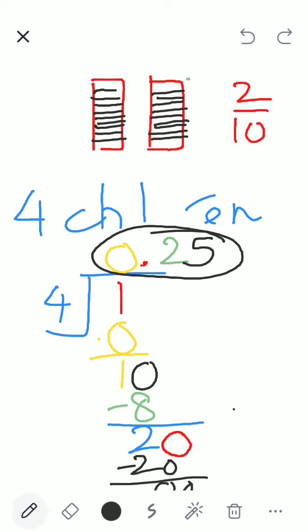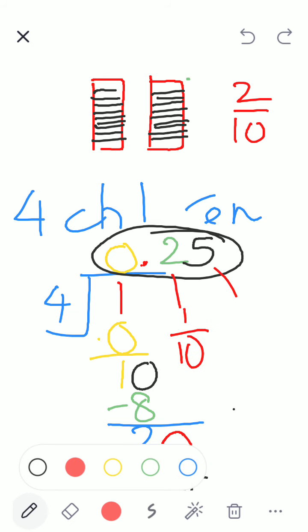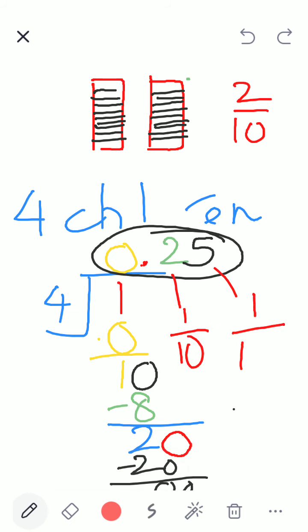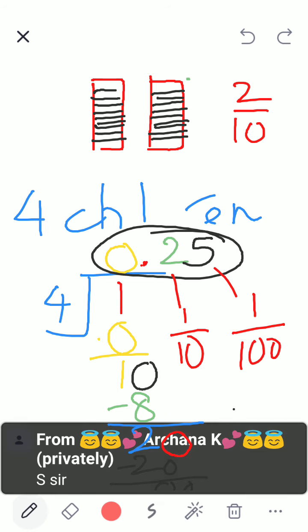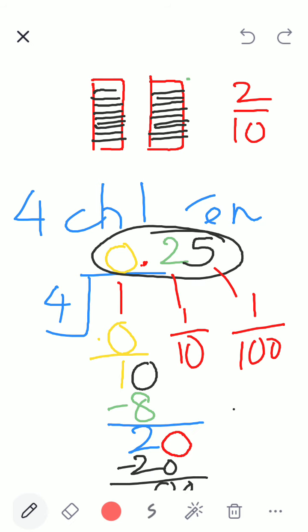Children, clear? Visualization is clear? And this is called 1/10 and this is called 1/100. Simple, children. Okay. Very good.